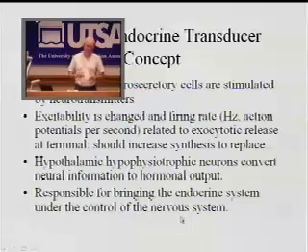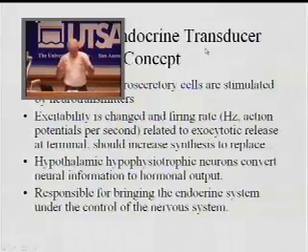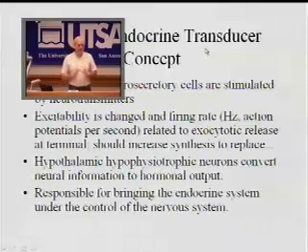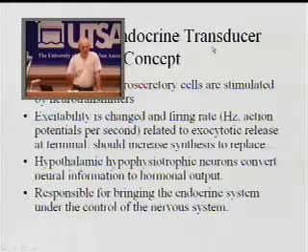Those neuroendocrine cells increase their firing rate and increase the release of the hormone. So the neuroendocrine cells, those neurons in the hypothalamus, are the transducers that transduce the information of the nervous system into a humoral mediated or extracellular fluid mediated signaling system, the endocrine system.